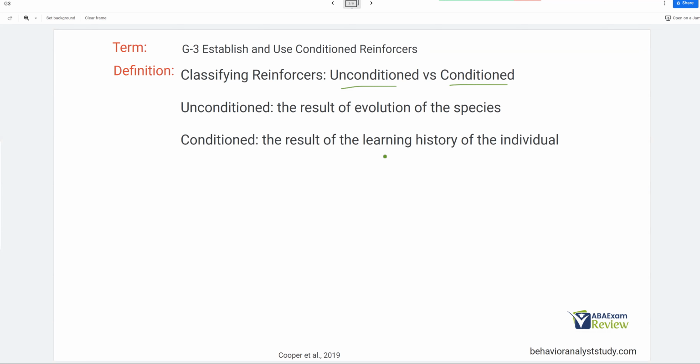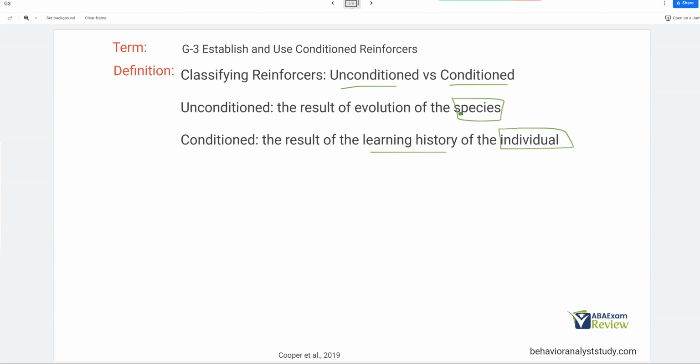Whereas conditioned is the result of the learning history. And so when we think about conditioned reinforcement, let's say Legos might be incredibly valuable and reinforcing for one of your clients, whereas another one of your clients might not care less about Legos, have no interest in Legos, and those Legos have no bearing on that client's behavior because the conditioned reinforcement is strictly due to the individual's learning history, whereas unconditioned is due to the species as a whole.